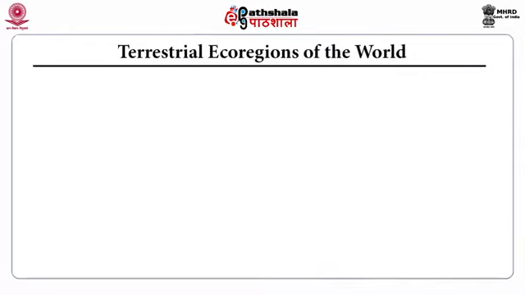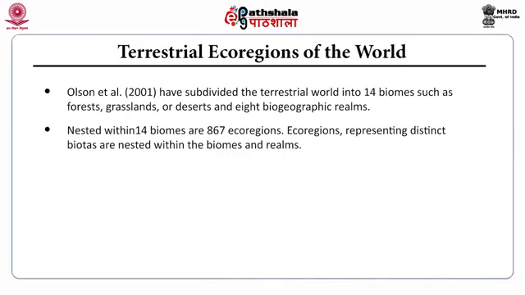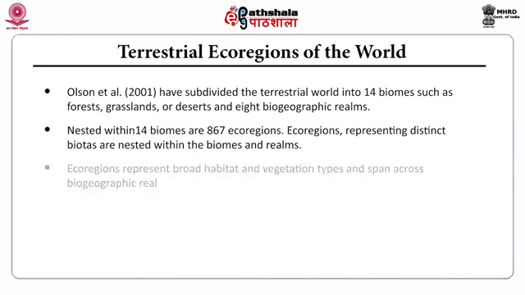Terrestrial ecoregions of the world, according to Olson et al. 2001, have subdivided the terrestrial world into 14 biomes such as forests, grasslands, deserts and 8 biogeographical realms. Nested within 14 biomes are 867 ecoregions. The ecoregions represent distinct biotas that are nested within the biomes and realms.